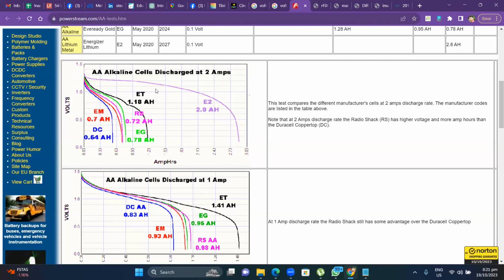Let's say we have used the battery in a toy, and the same battery in a torch. Sometimes the torch will last for a long time, but the toy will not last. Sometimes it's the reverse. It is based on the amount of ampere that you take out from the battery. That decides the discharge time of a particular battery, right?